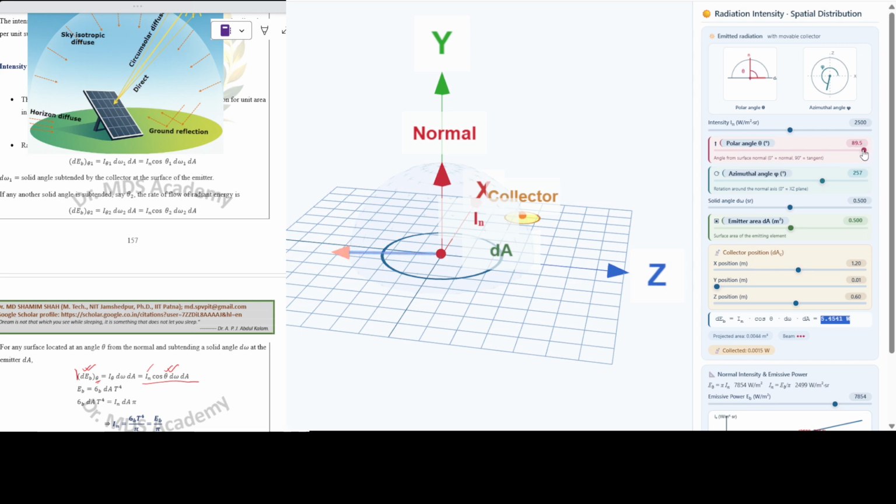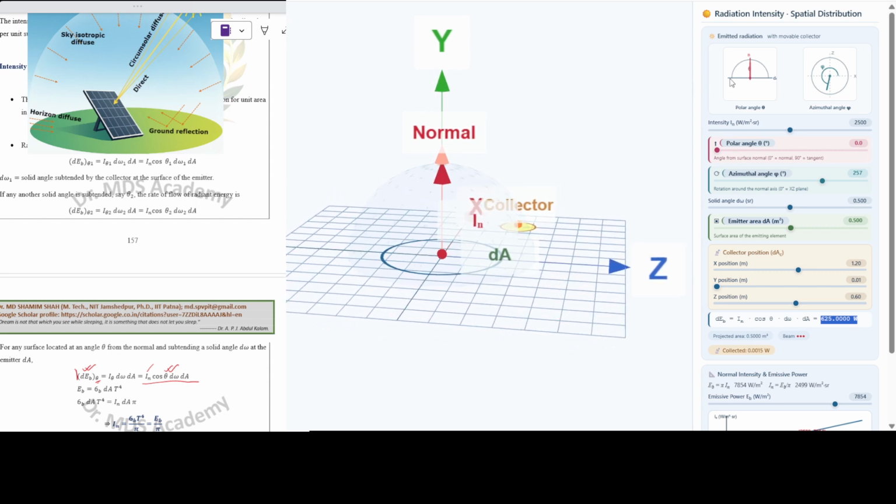When you reach the zero value, meaning the ray of light is along the normal direction, cos 0 is 1, meaning you will receive maximum emissive power.